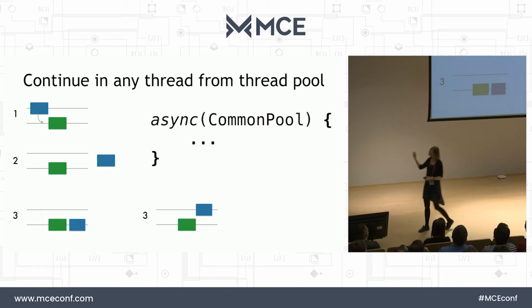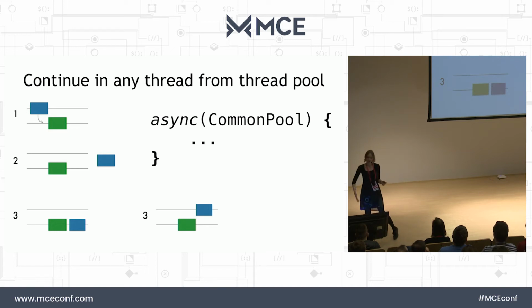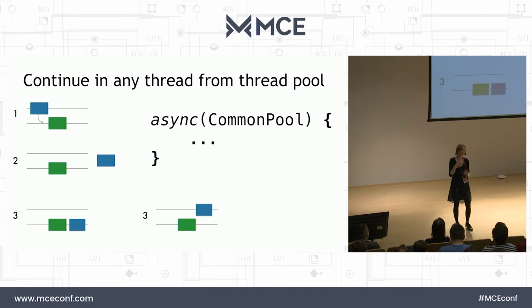And here for instance, you can specify that please start the new coroutine in the common pool. Common pool is actually a wrapper around a fork join pool, so it has several threads and can manage different computations, different executions on these threads. So in this case, the computation can be started in any thread from the pool.